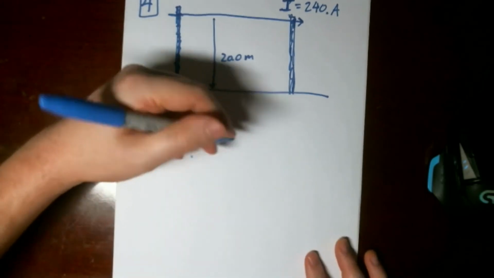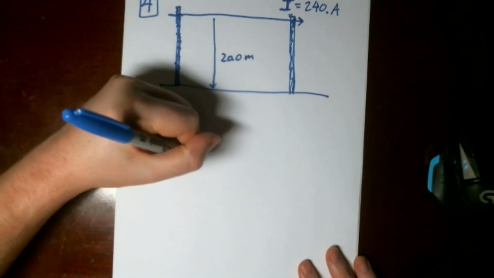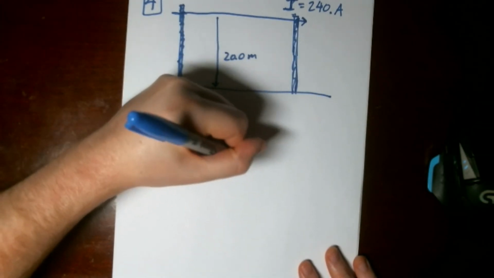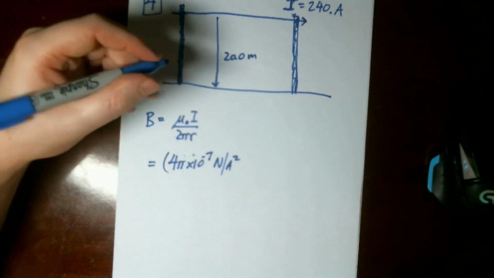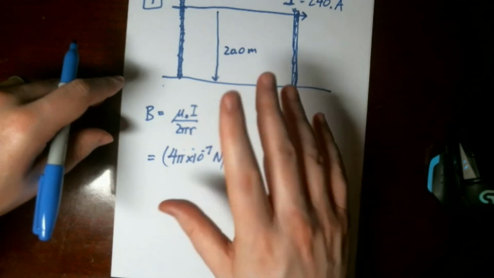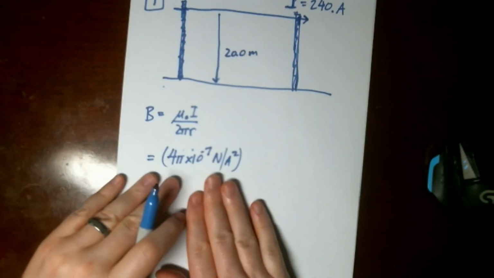At any rate, mu naught is actually defined to be 4 pi times 10 to the minus 7 newtons per ampere squared. That seems like weird units. It's to make our magnetic field turn out in units of Teslas given current in amps and distance in meters. All right, so there's our value for mu naught.